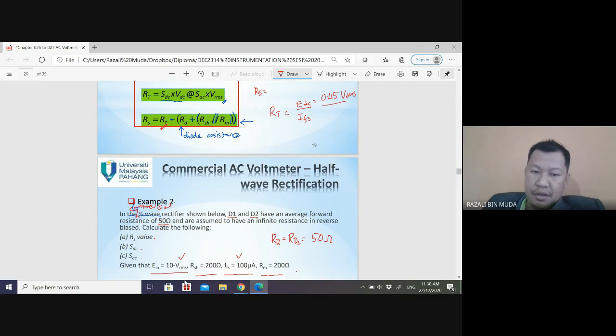IFS is given as 100 microamp. This one also can be written in terms of SAC multiplied by range. Just fill up this one, change to this one, and then minus this one. So you can solve this problem.